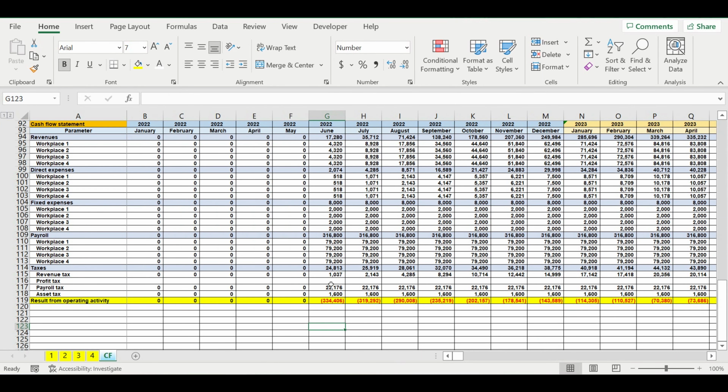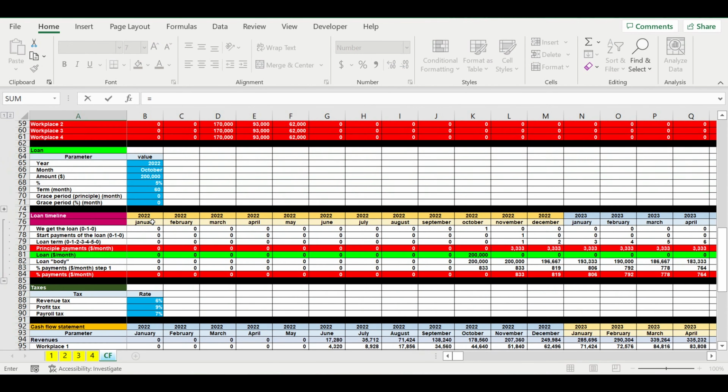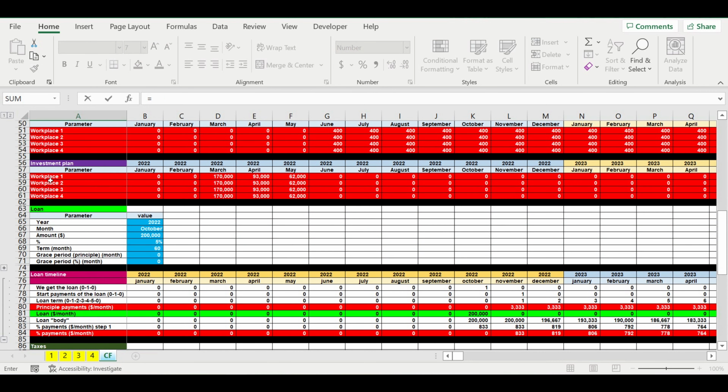Then we are moving to the investment stage. For example, for investment, now we will take the data from here.